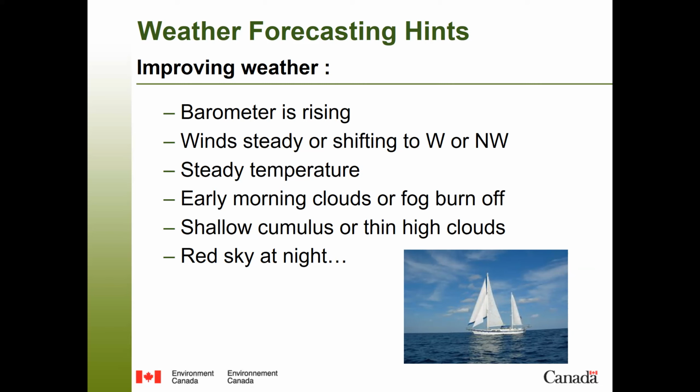But as the whole system moves along, gradually we usually see the west or northwest winds start to abate and lighten up a little bit on average. And typically we would see the clouds clearing out a little bit and the pressure rising.